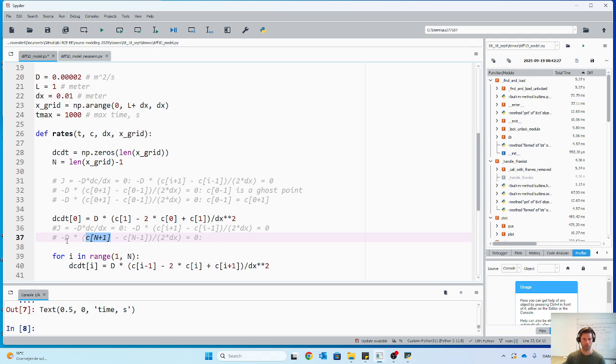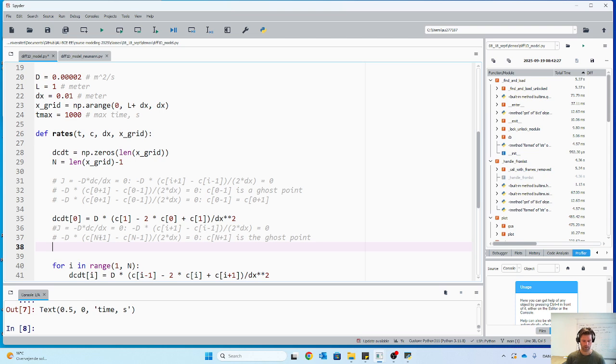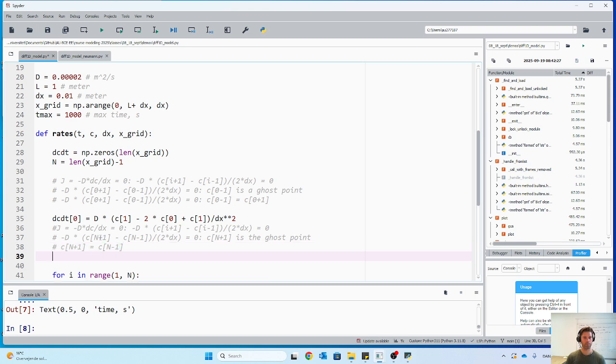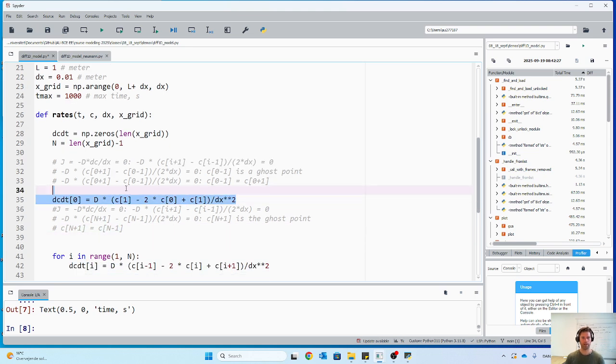We don't know this, but again, we know that this one has to be equal to this one in order to get the whole term here to 0. So I will just write it's the ghost point, and therefore C n plus 1 is equal to C n minus 1.